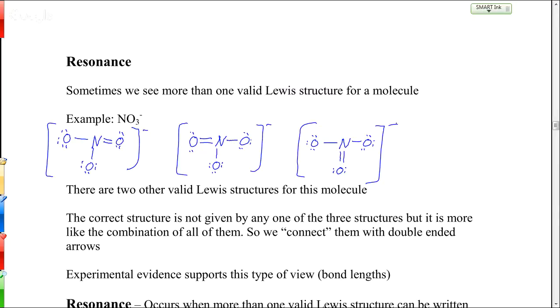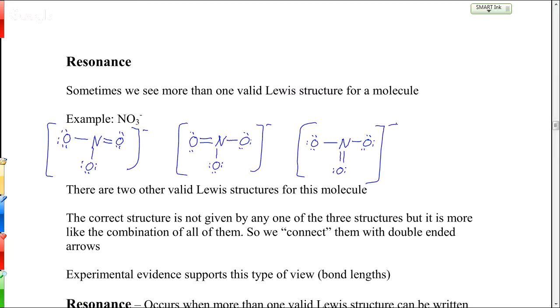So when this situation comes up, this is known as resonance: there are multiple correct Lewis structures that only differ by where the extra electrons go. So the connectivity is all still the same. The nitrogen's in the middle, the oxygens are on the outside. Nitrogen's connected to the oxygens. Oxygens are not connected to each other.